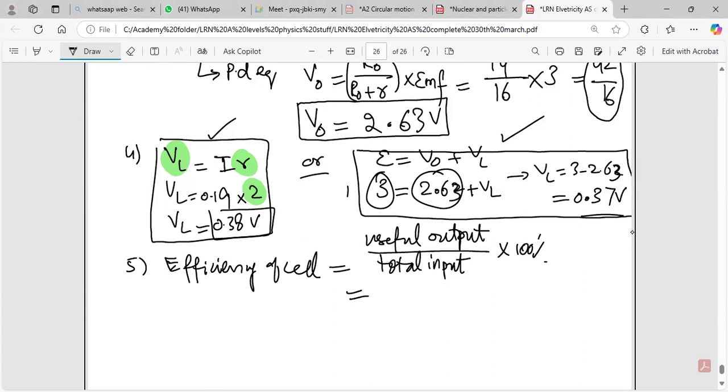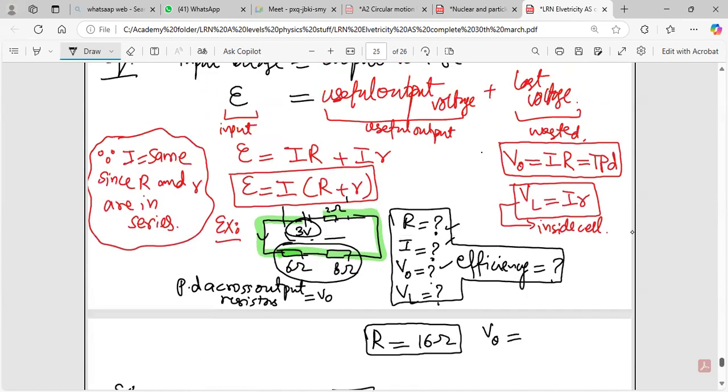So useful output here is 2.63, and total input is 3, multiplied by 100, and you will work out its efficiency, which will be 87.7%. So this is how you can find efficiency of the cell.